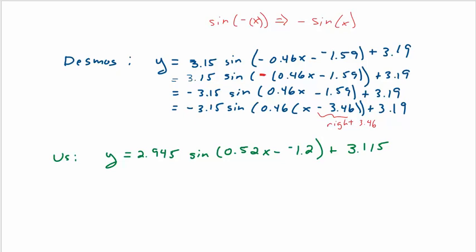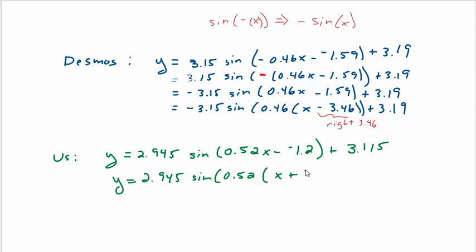Now let's look at what ours is doing. Alright, we've got a minus a negative here, so that's going to make a plus. 2.945 sine. Now I'm going to go ahead and factor out this 0.52, and that's going to be a plus. Alright, what's 1.2 divided by 0.52?